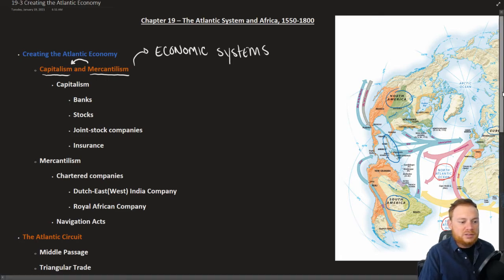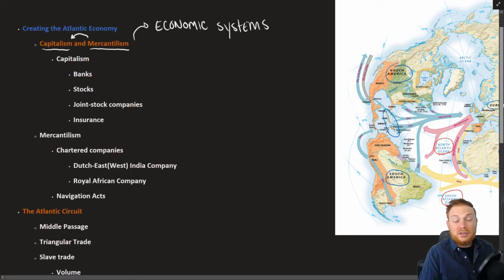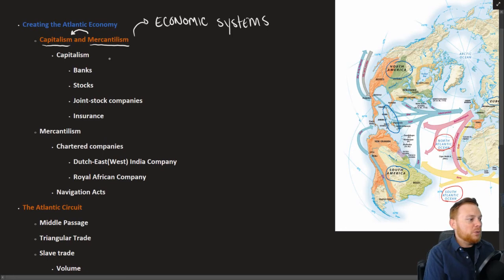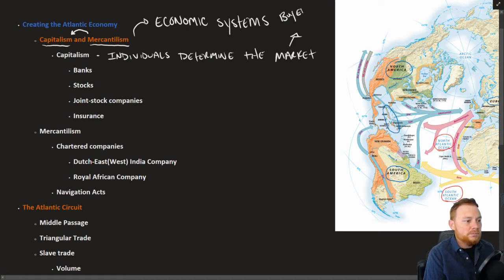Capitalism, there's a lot of different ways that you can define capitalism. For the most part, it means individuals determine the market, and by market we generally mean, and this is true for any market, buyers and sellers.